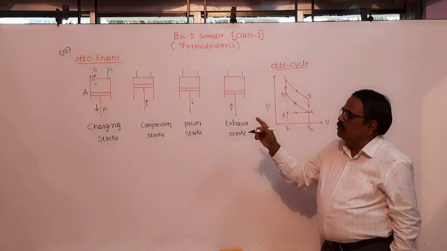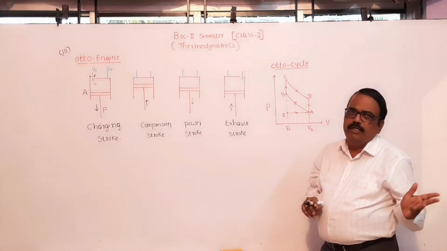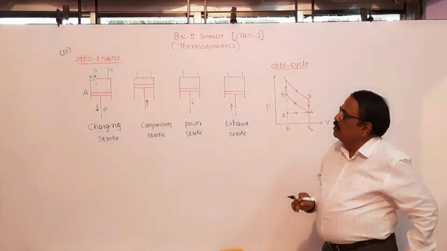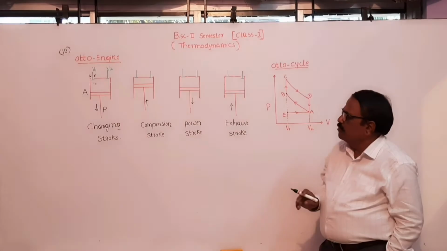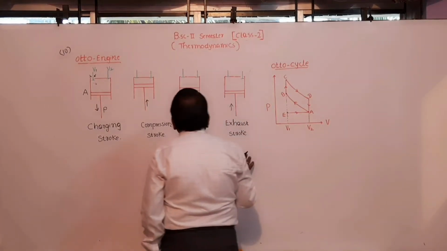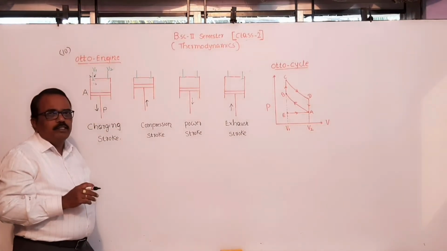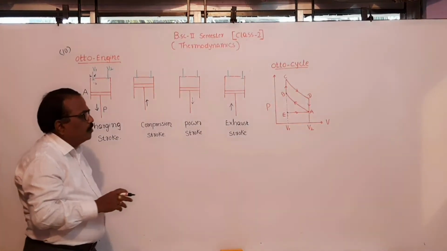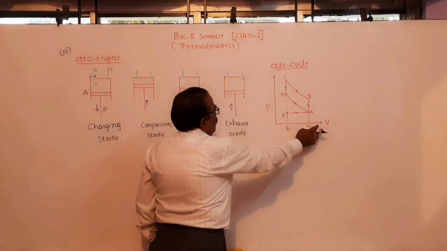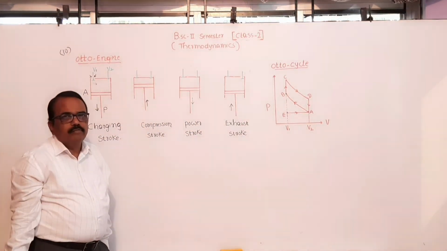So this stage again has reached the initial stage, and this repeats. So these are the 4 strokes, and this cycle can be explained with the help of a PV diagram, and that cycle is known as the Otto cycle.